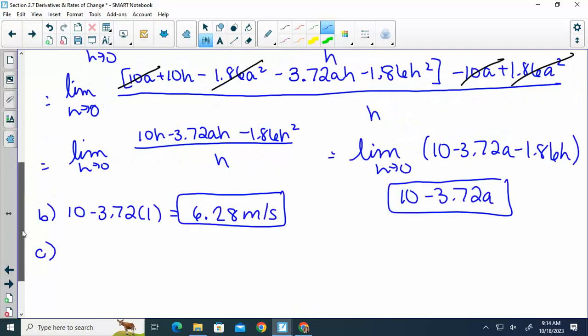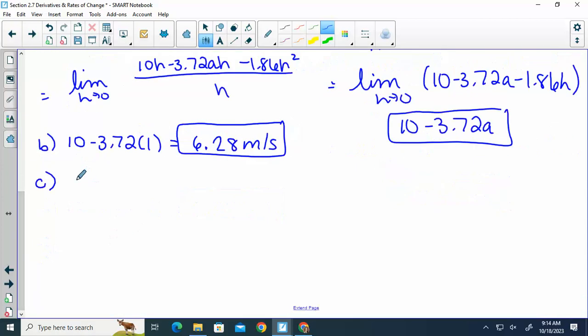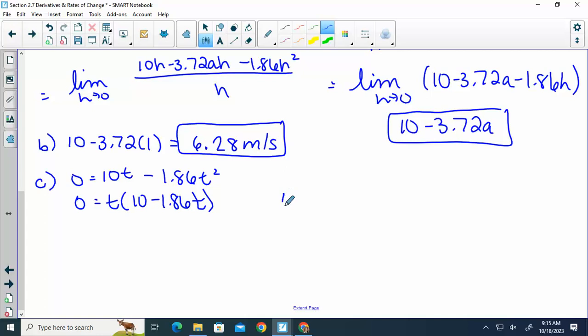C. When will it hit the surface? If it hits the surface, what's our height? So it's setting the original equation equal to 0. So we could factor out a t. So set each part to 0.